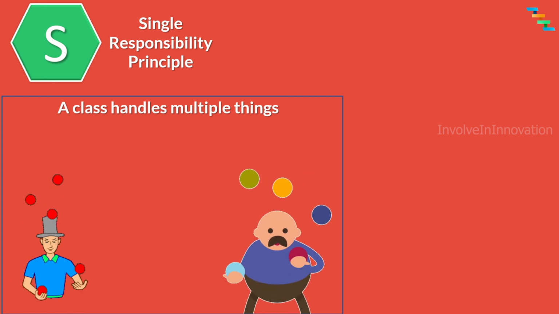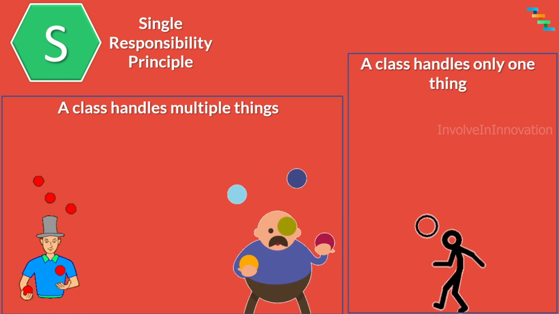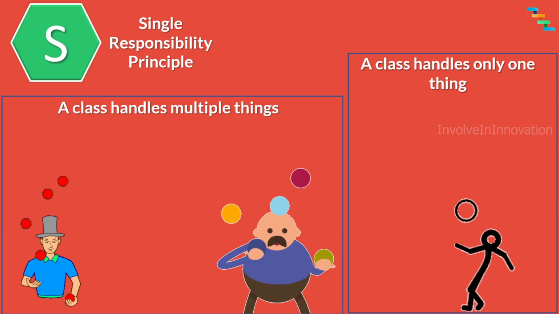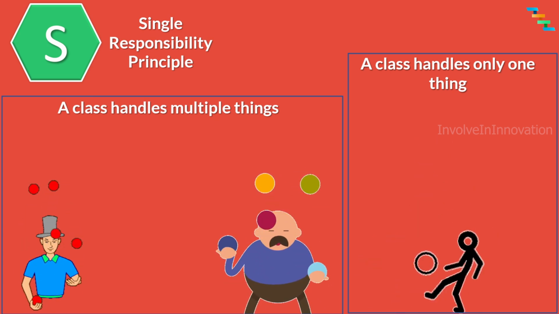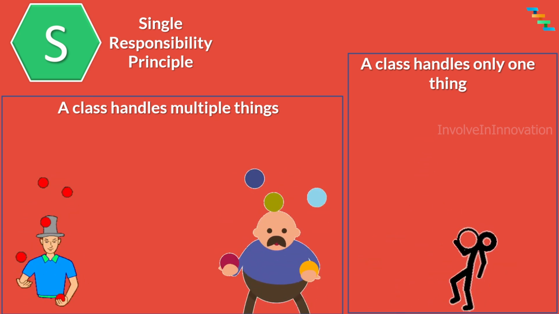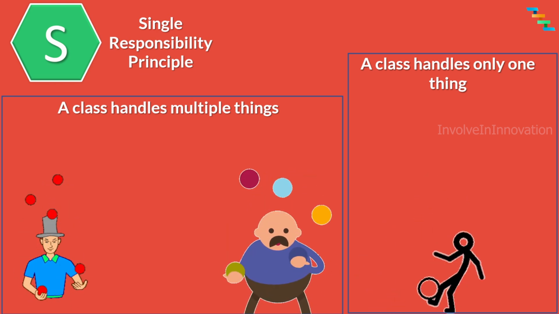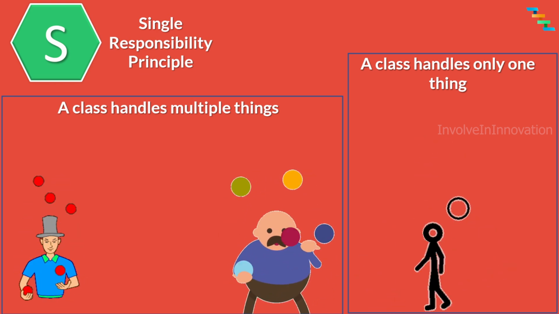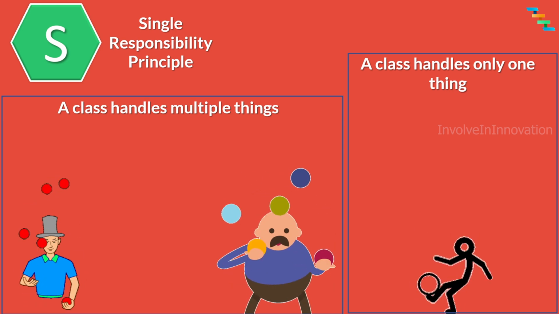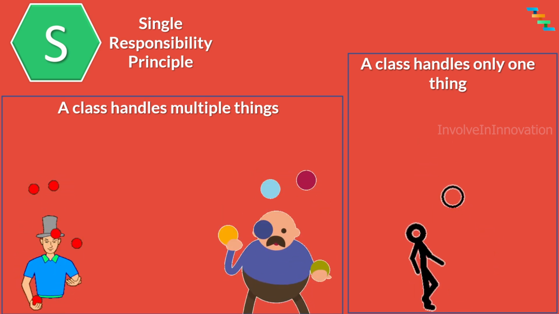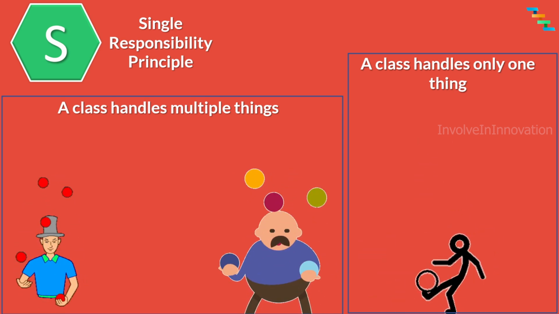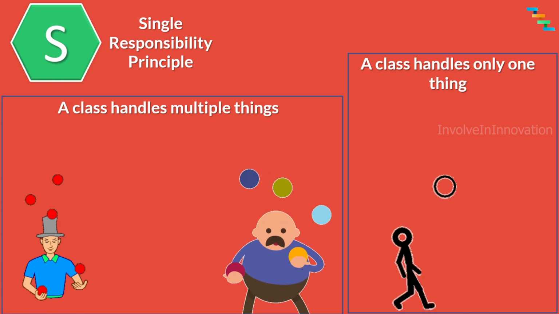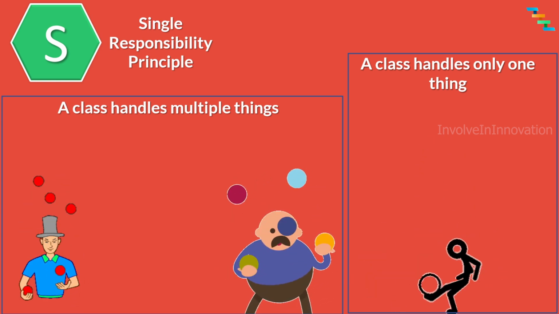Now think of the same analogy with a single class. You can do much more. You can do acrobatics and play with it if a class handles only one thing. So this is a very simple analogy. It is always easier to use a single class for a specific purpose rather than a bigger class with different functionalities. For this, I am using an employee management system as I mentioned.